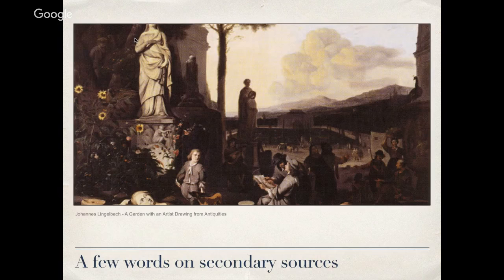I want to close this discussion, before we actually start working on our small sample 3D model, by saying something about secondary sources. Because what we usually do when we build a 3D model of an ancient space is rely on secondary sources, which I like, because in a way it puts us in the same tradition of copying the past.